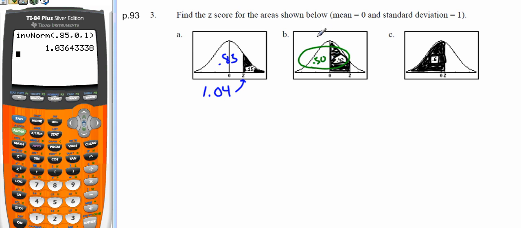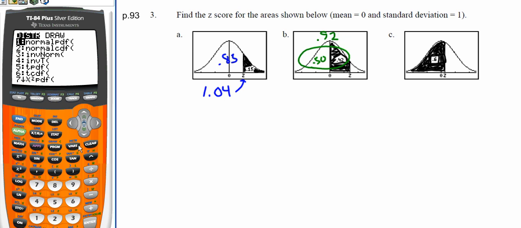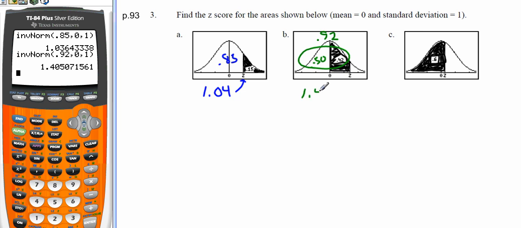So that entire area to the left of z is going to be 0.92. That's what we need for our calculator. So I'm going to go into that distribution menu again, get that inverse normal command, type 0.92, 0, 1. And it tells me that this z value down here is about 1.41 or so, which again fits our estimate.